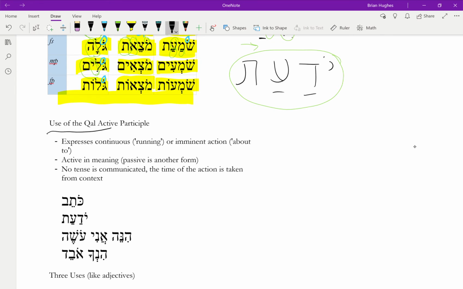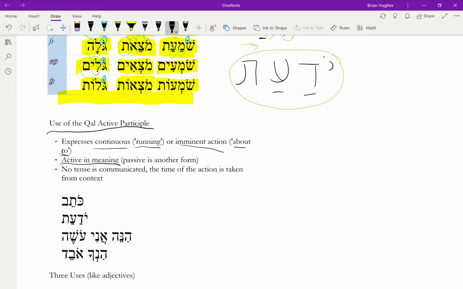Now, how are these used? How is the active participle used? They can express continuous action, like I was running, or imminent action, I'm about to run. These are both common translations and uses of the participle in the Hebrew Bible. It is active in meaning.